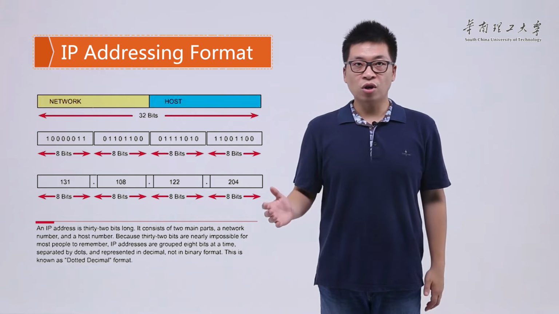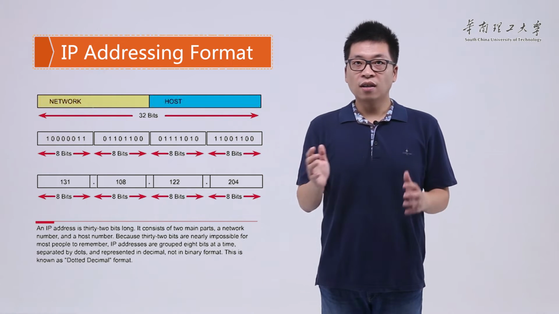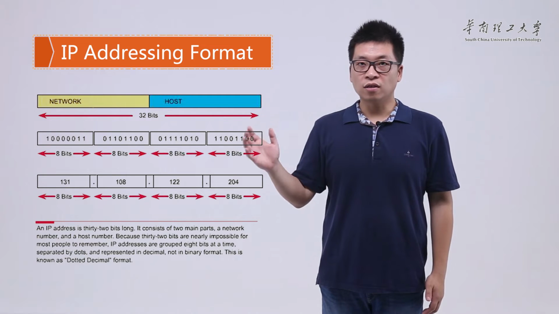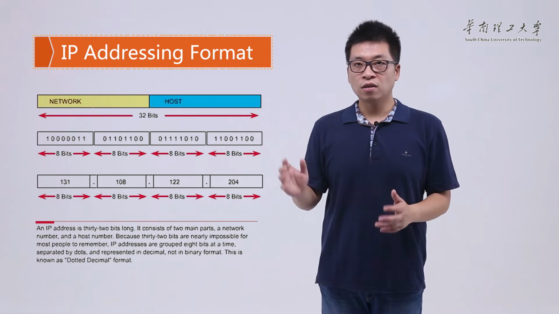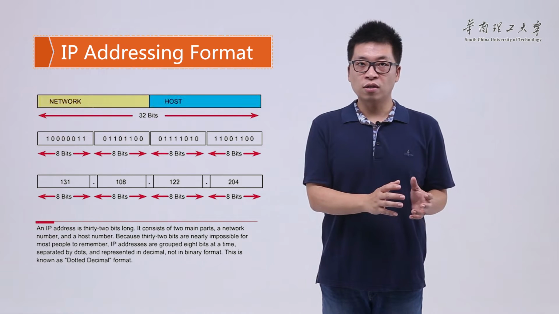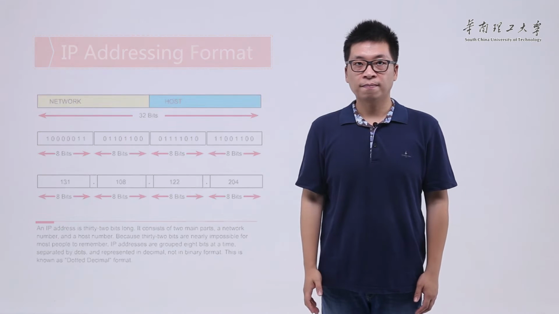Therefore, usually we see an IPv4 address like this: 131.100.122.204. Each number ranges from 0 to 255.